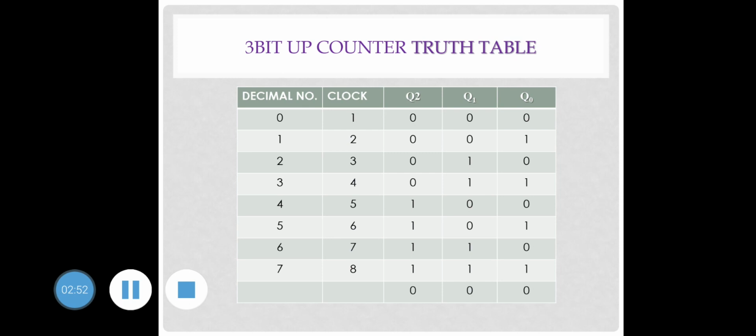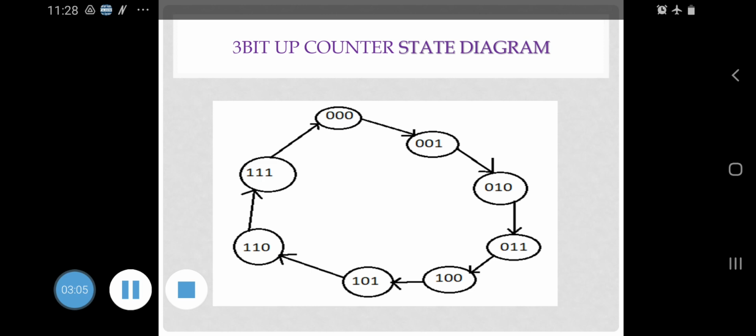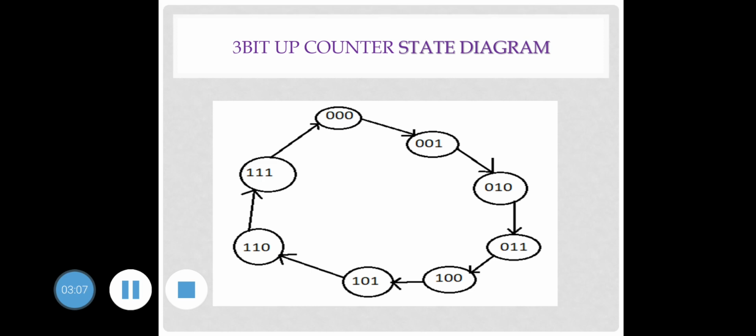When the 8th clock is given, the output is 111, and again it will move to 000, and the process will go on. This is the state diagram of the 3-bit up counter, showing how the output states move.